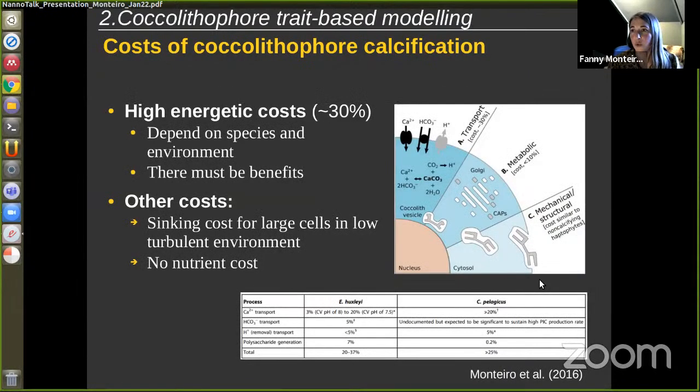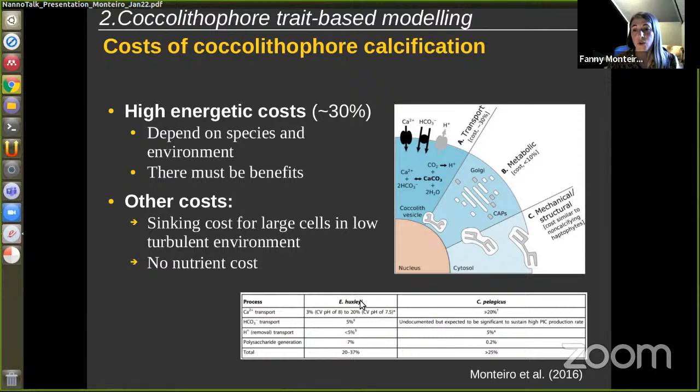In this review, we first looked at the cost, and we found that calcification in coccolithophores is associated with really high energetic costs, about 30% of photosynthetic costs, mostly related to the transport of calcium ion and bicarbonate ion into the cell.